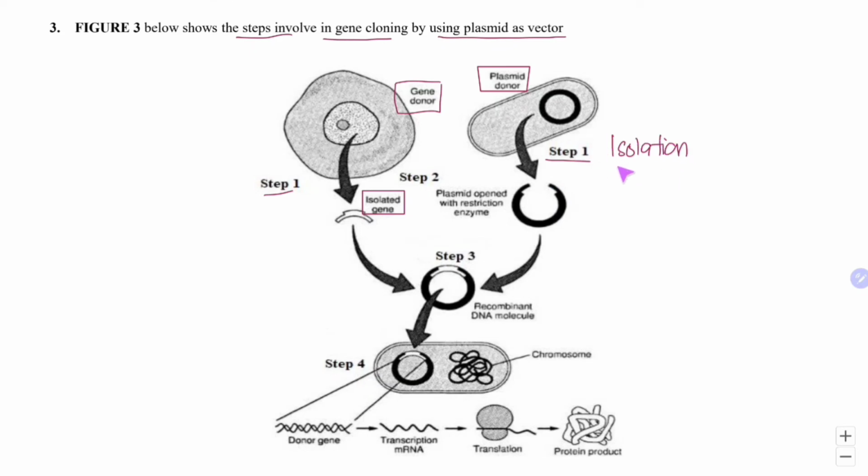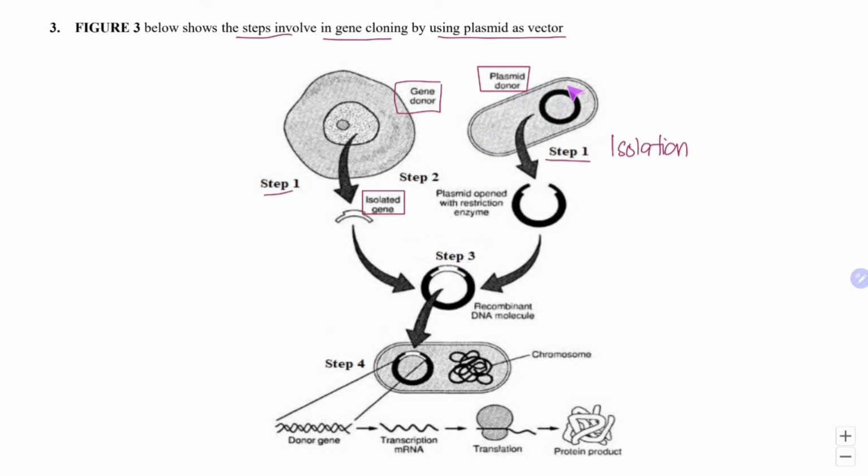Ingat, isolation ni merujuk kepada dua proses yang berbeza, iaitu di mana kita nak keluarkan plasmid daripada original bacteria cell. Second, kita nak keluarkan gene yang kita nak itu daripada sel yang asal. So, dua-dua ini merujuk kepada isolation. So, plasmid bukannya kita simpan dalam test tube.